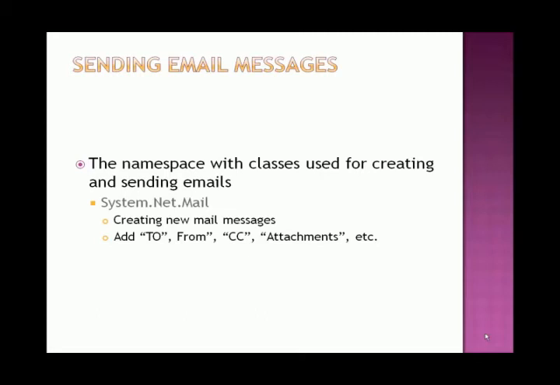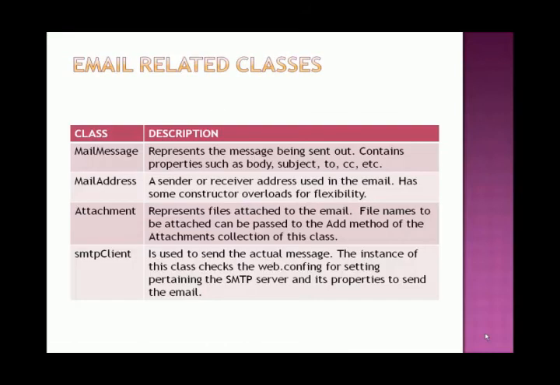Essentially, we can create a new message, add the body of the message, add addresses in the To, CC and BCC fields, add a subject to the email, add attachments, and of course send them. This table shows you the email message classes that allow you to send email messages in a .NET application.